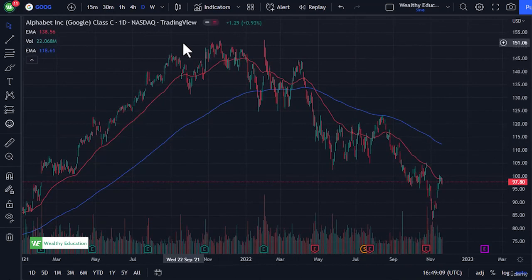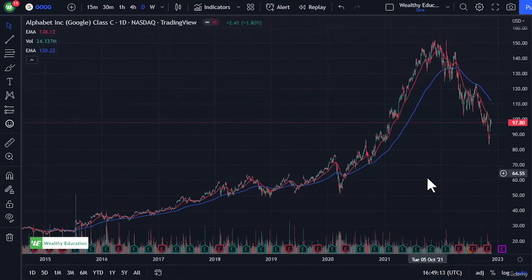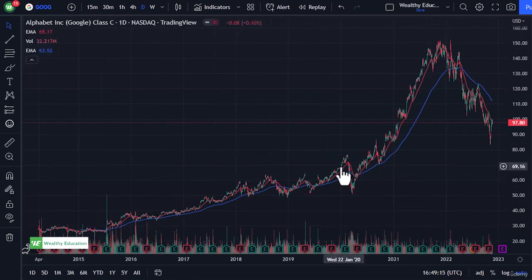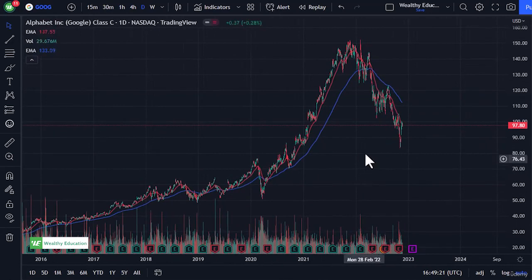Maybe, but probably not. It could go all the way down to 70 and still not change the trade or change the trend. Yes, it's been in a nasty pullback, but look at the trajectory. So that's another thing to think about as well.